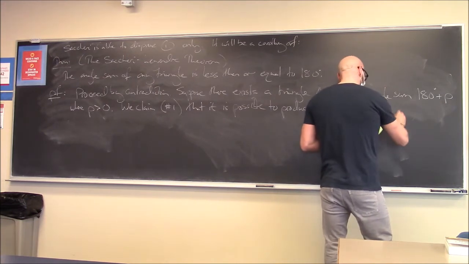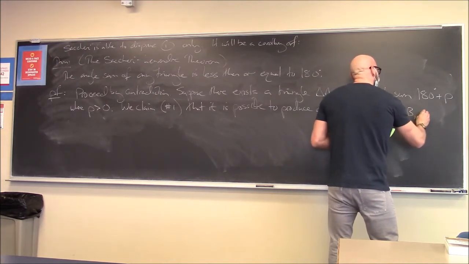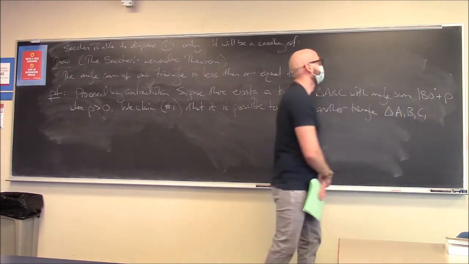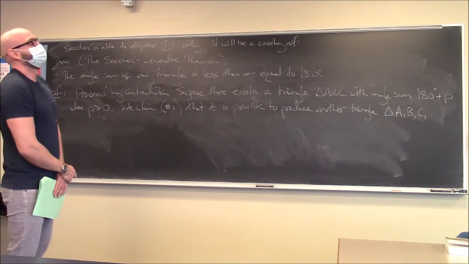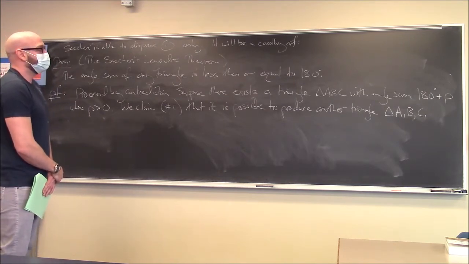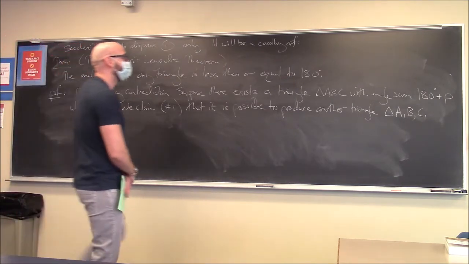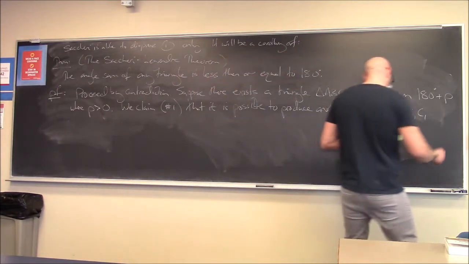We'll call it triangle A1, B1, C1. So in my handwriting, those look like commas. Those are not commas, those are ones. A1, B1, C1.